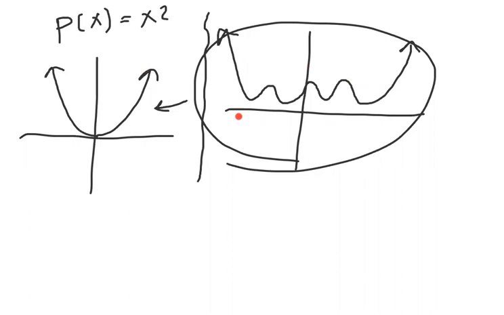In general, all even degrees have end behavior similar to x squared. This is the even case. For the odd, all of them are close to the polynomial x to the 3, or x cubed.